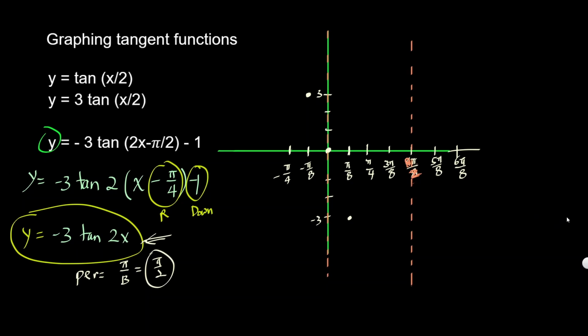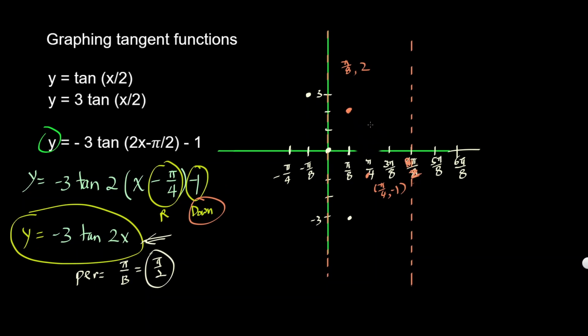So that center point, which was at 0, is now at pi over 4. Just move right 2. So that left hand will go 1, 2, right there. Okay, so right there. That will be pi over 8, comma 3. Oh, I need to go down 1 as well. So let's move it down 1. It'll be pi over 8 comma 2 now, because you gotta move down 1. And that point's gonna be pi over 4 comma negative 1.